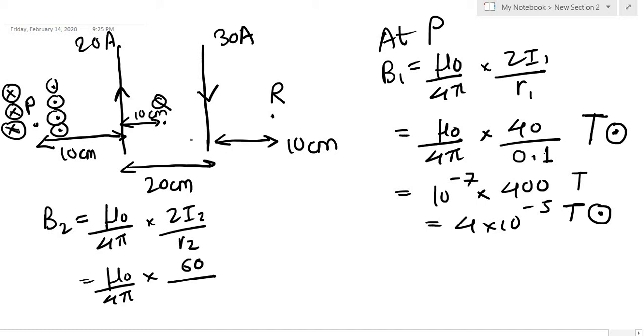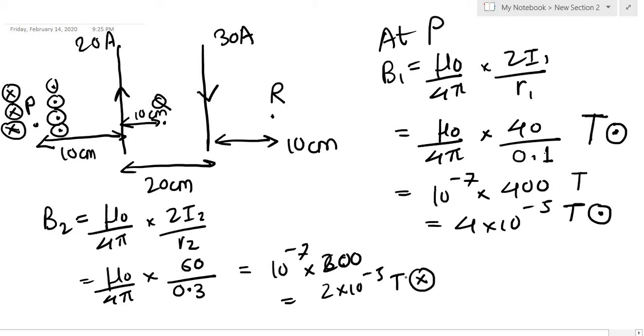And now the distance is 30 centimeters, which is 0.3 meters. You can simplify this: 10 to the power of negative 7 into 200, sorry. And 2 into 10 to the power of negative 7 Tesla, but it's penetrating it.